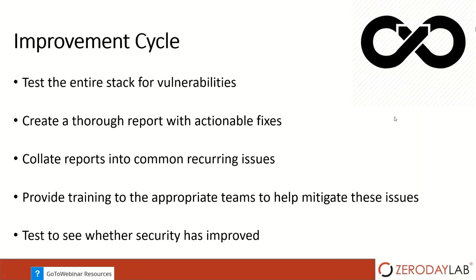We also have an improvement cycle. An improvement cycle is not just us showing up and testing and giving you a report. Our improvement cycle is us working with you to make this better. So once again, we test the entire stack for vulnerabilities. We create the thorough report. But we also pile up all the reports and look for common issues.